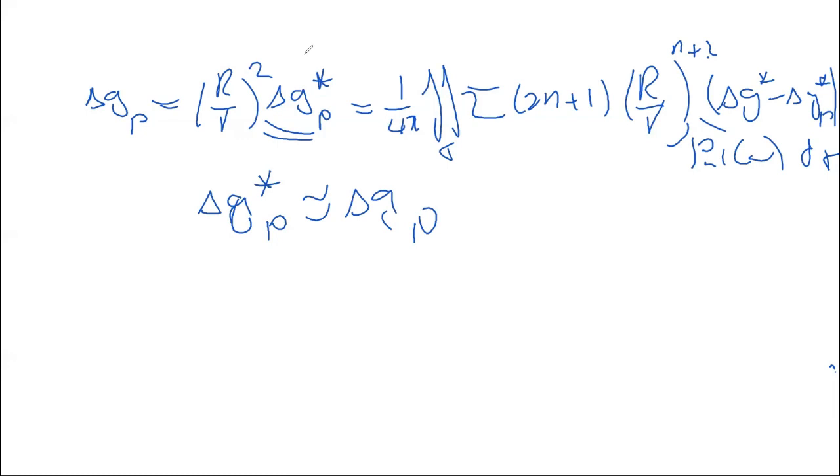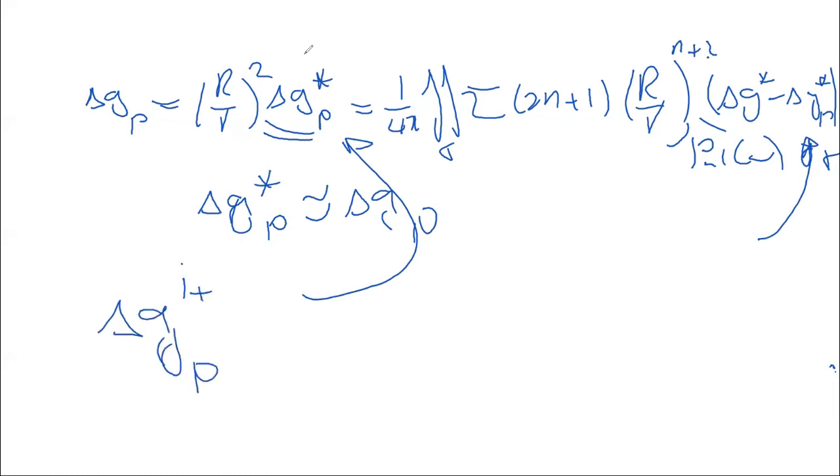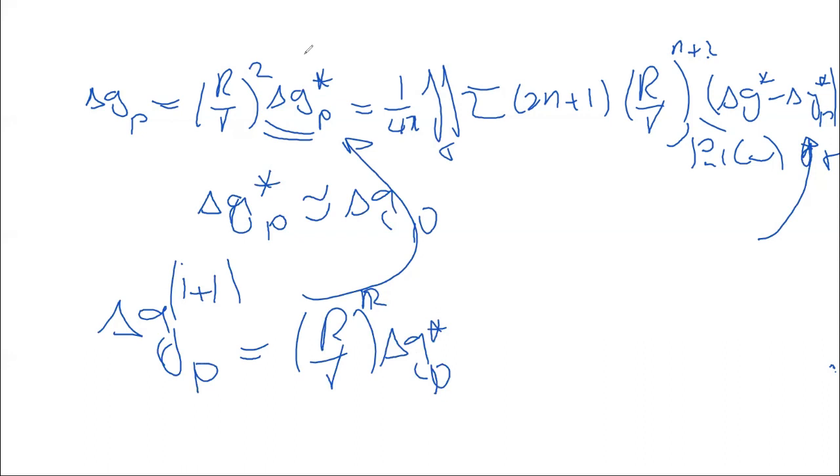So by this assumption, I will put delta GP here, in both cases, then I get a new delta G. I will say i plus 1. This is the repetition. Then R over R2 delta GP star i. That's P star down. And just plus this integral.